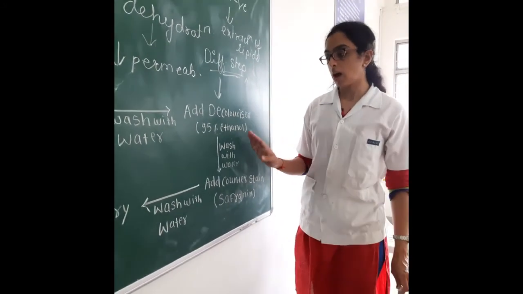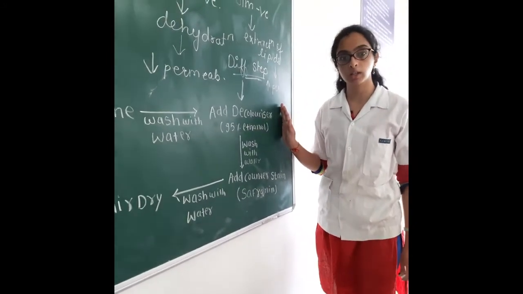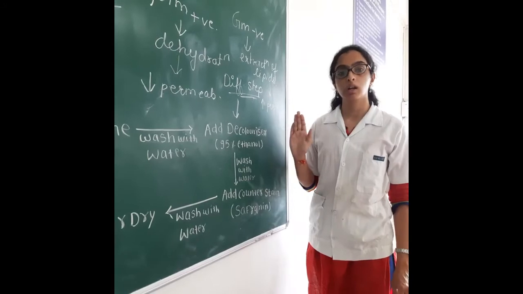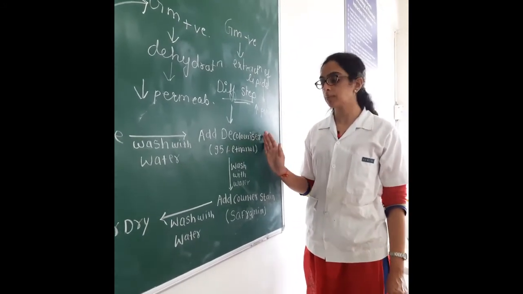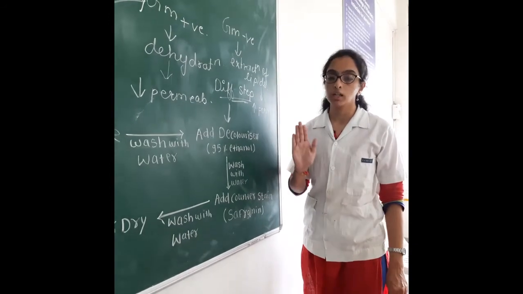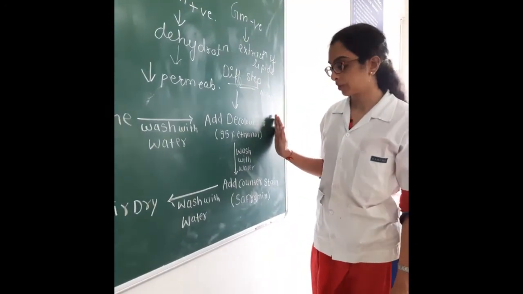Okay, so the decolorizer is the major agent required in gram staining or any differential staining. If this step is not performed properly, it will not be possible to identify the bacteria.